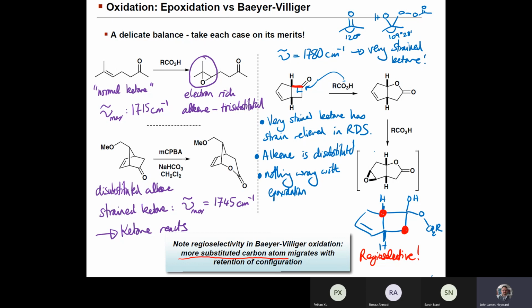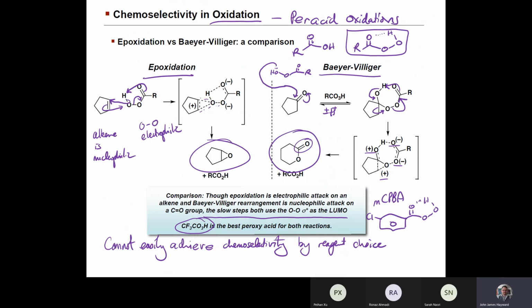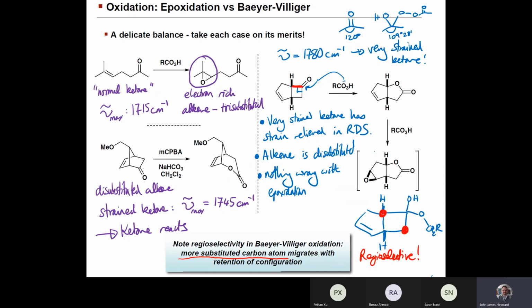That's because in the transition state that we showed on the previous page, we get buildup of positive charge near the carbon. So the more substituted the carbon, the more likely it is to migrate because it can stabilize that positive charge a lot better.